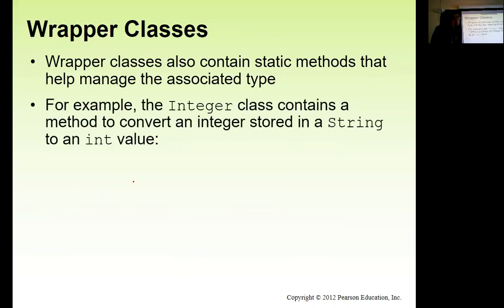So Integer contains a method to convert a string storing an integer into an int. We could say, for example, Integer.parseInt. If we ask the user to enter some value, we could accept that value as a string and then extract the numeric value out of that string and put it in an integer called num, which is what you see here.